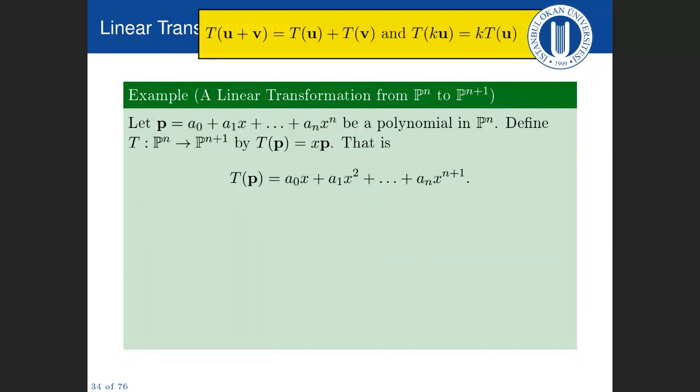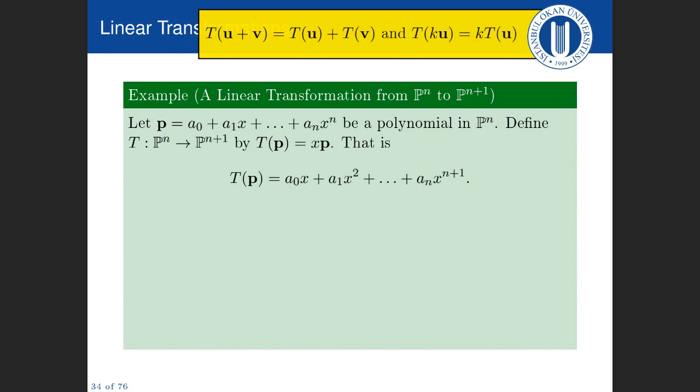Let's talk about a linear transformation from Pn to Pn plus 1. What's Pn? Pn is the vector space of polynomials of degree n or less. So it's polynomials which look like a0 plus a1x plus dot dot dot plus anx to the power n. And P n plus 1 is then the polynomials of degree n plus 1 or less.